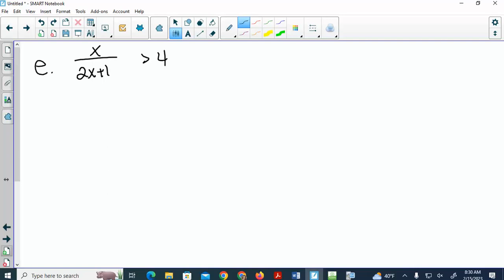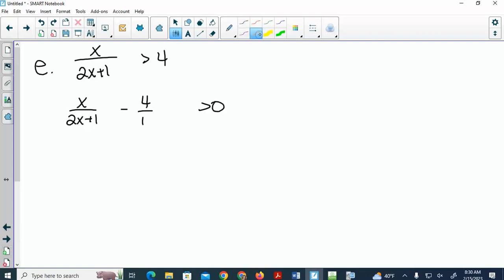Okay, so with equations, we just try to get rid of the fractions by multiplying. With inequalities, we have to keep them, so what's our strategy? Get 0 on one side and a single fraction on the other. So first I'm going to bring over my 4. It's like 4/1.